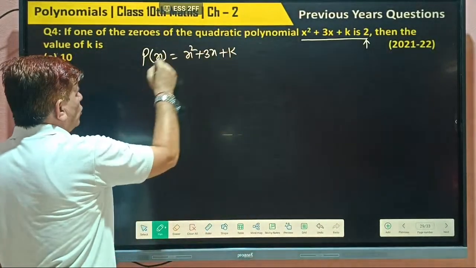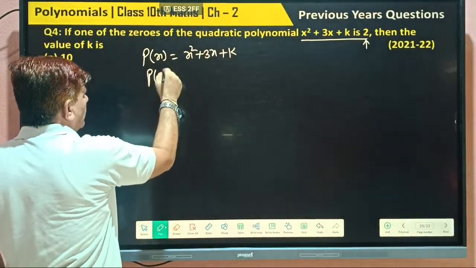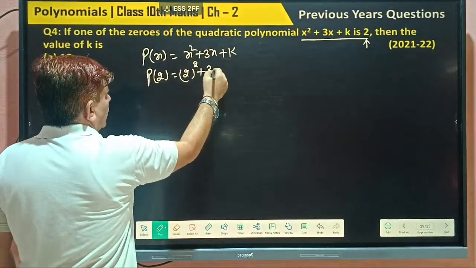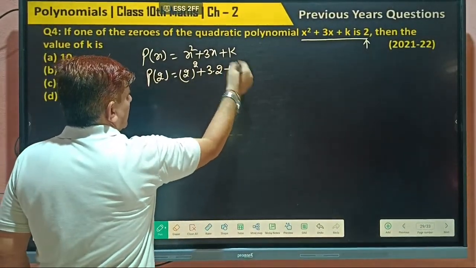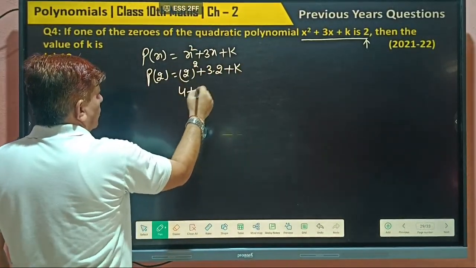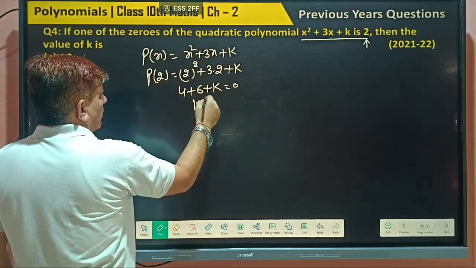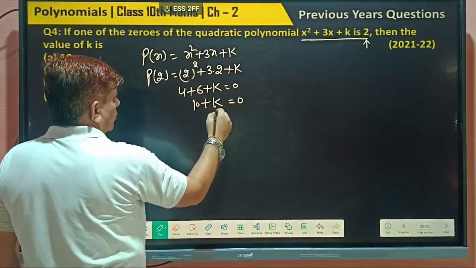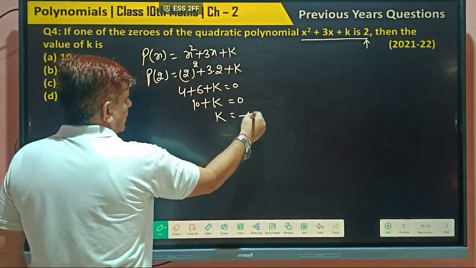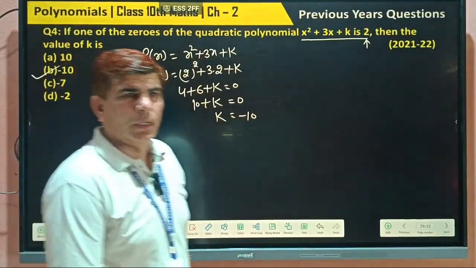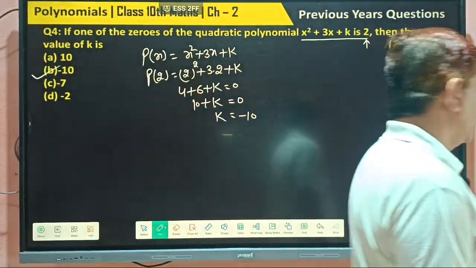And 2 is a zero of it, so we can put it: 2 square plus 3 into 2 plus k. This is 4 plus 6 plus k equal to 0. So 10 plus k is equal to 0, so k equals minus 10. Easy one.